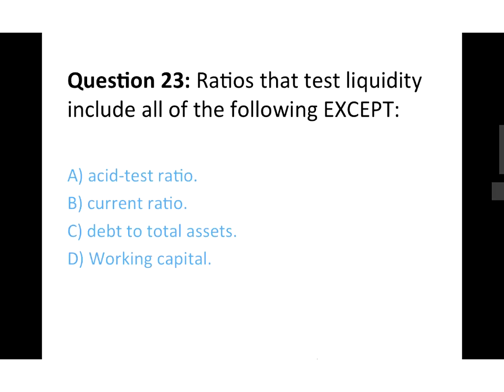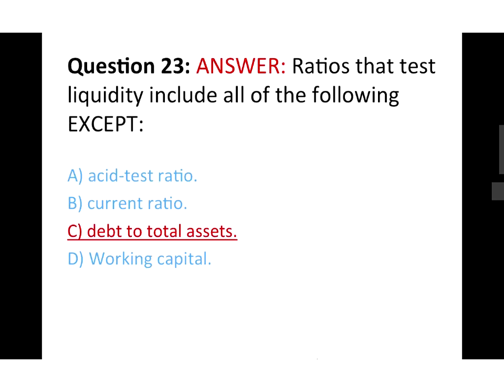The ability to pay current liabilities is the same as ratios that test liquidity. Basically when we're measuring liquidity, we're looking at net working capital, the current ratio, and the asset test or quick ratio. The debt to total assets is a leverage ratio, so it's not going to be that one.